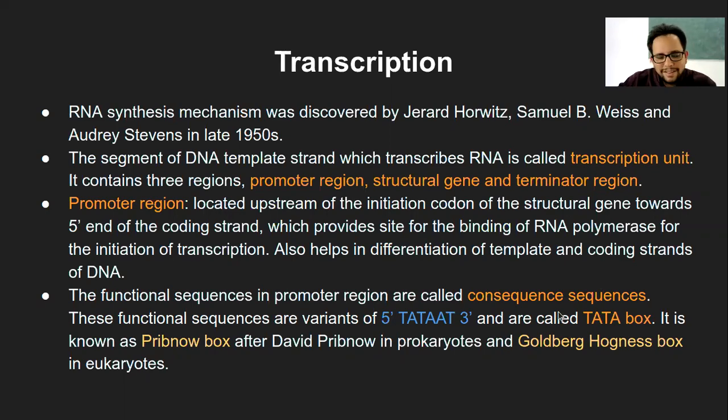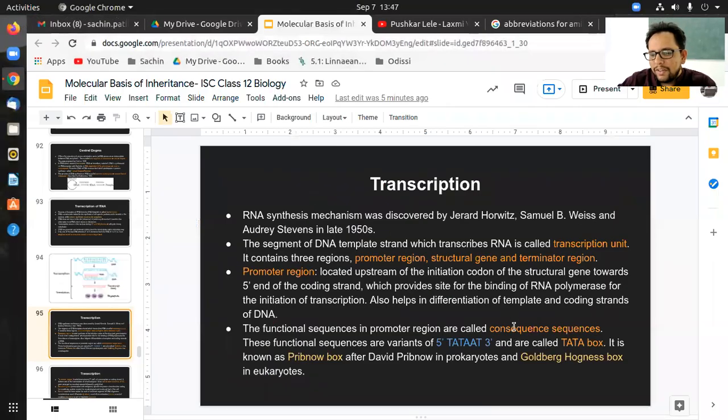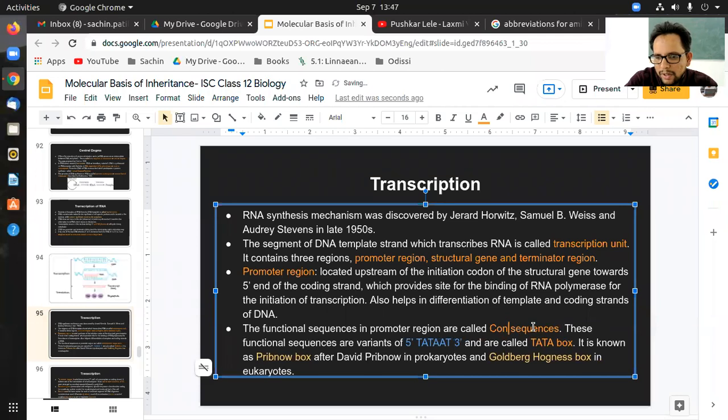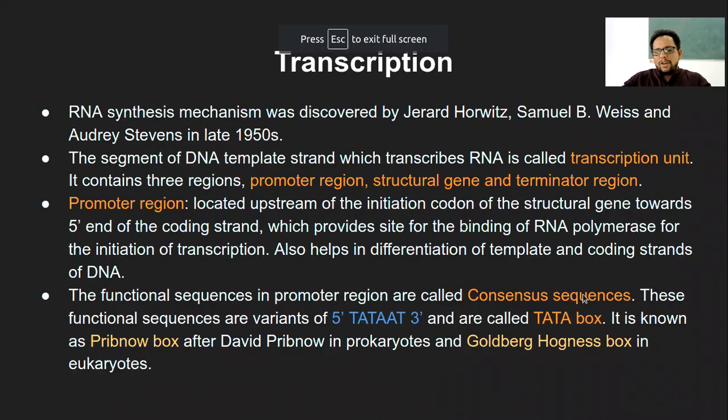Yeah, it is not consequence, it's consensus. Consensus sequences. Okay, sorry about that. So the functional sequences in the promoter region, that means before ATG, whatever is present, are called consensus sequences.